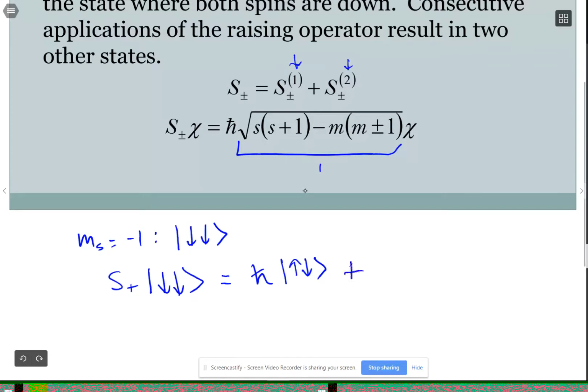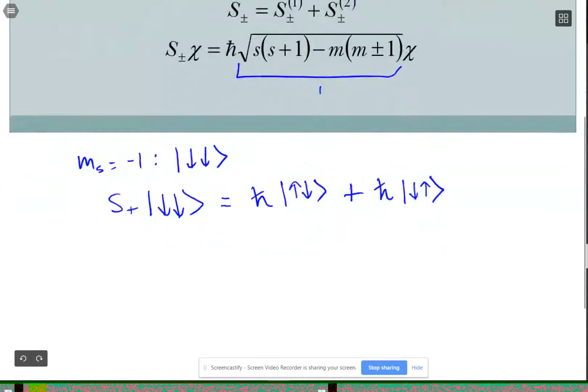And then if I do raising for the second one, what am I going to get? What this means is that I must have gone from my m sub s equals -1 state to my m sub s equals 0 state, except I have the h bars in. So I do need to normalize this now.